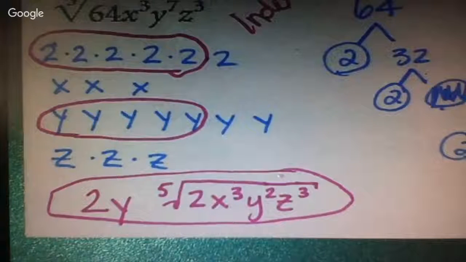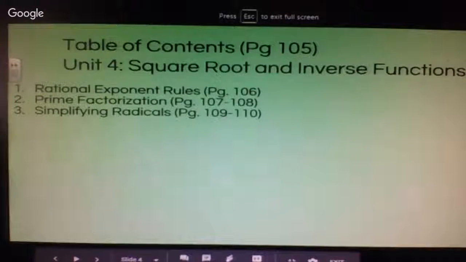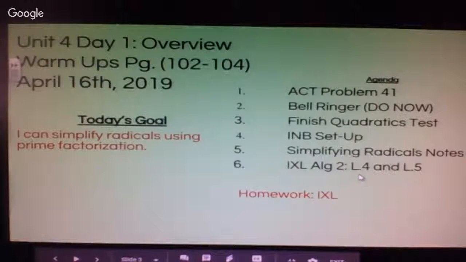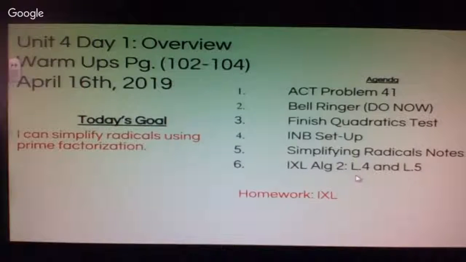That goes in on page 110. So, ladies and gents, your homework for this evening is IXL, Algebra 2, L4 and L5.